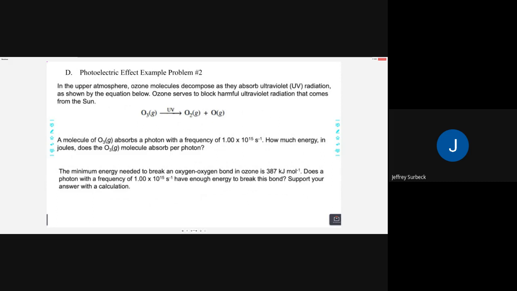And we have a couple of things here. It says a molecule of O3 absorbs a photon, which we can kind of explain here a bit, with a frequency of 1 × 10 to the 15th inverse seconds, or hertz. How much energy in joules does the ozone molecule absorb per photon?